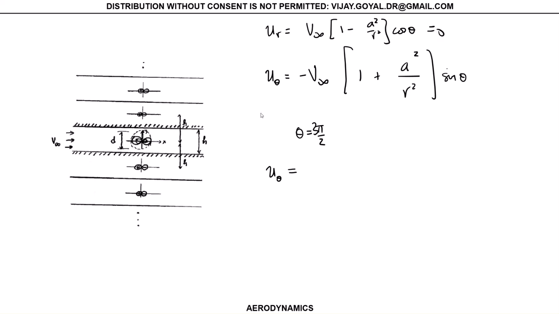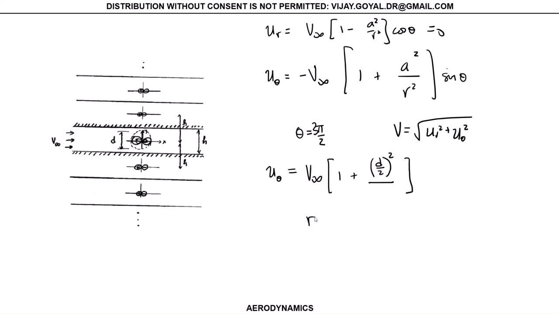So the total velocity, remember, is u r squared plus u theta squared. Since we are squaring and the u r term gives 0 at this location, I really don't care about it. So the total velocity at this location will be 1 plus d over 2, remember that was my radius, over your r. We work with the r in a minute.